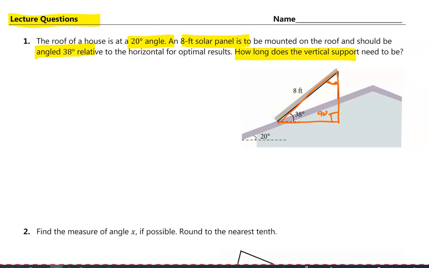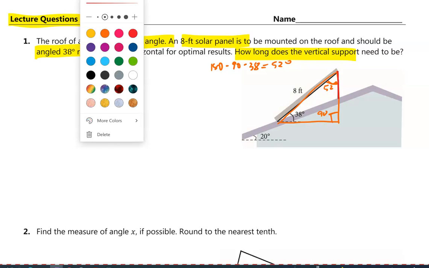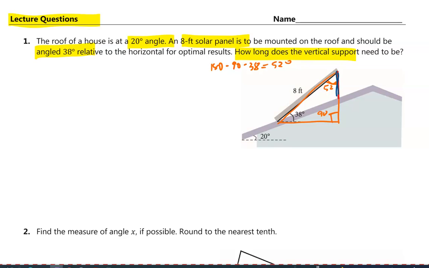So that is 180 minus 90 minus 38 is equal to 52 degrees. So this is 52. Then we want this support here. How long does the vertical support need to be? So this is the height.